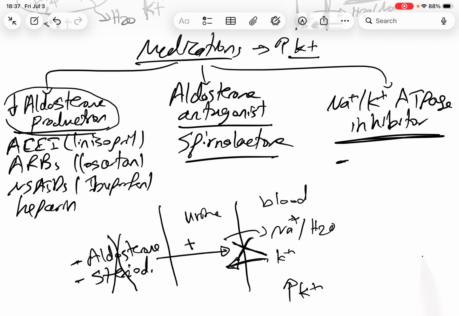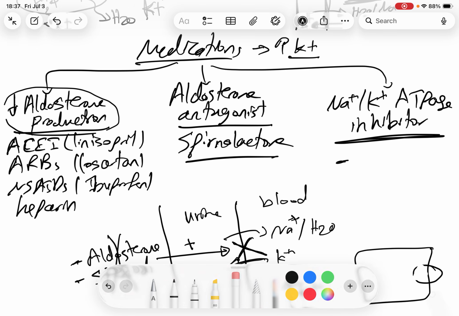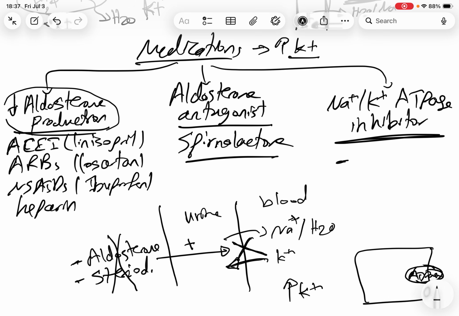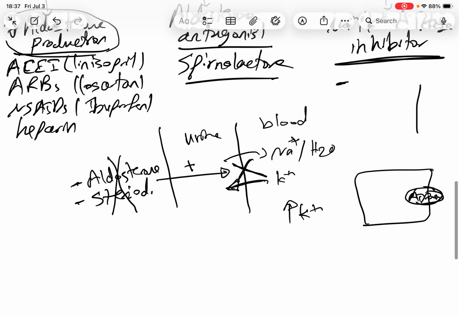hyperkalemia. How? If you have a cell here and you have sodium potassium ATPase, and this exists in cardiac muscle cells and also in musculoskeletal cells. So you will have here one of the cells.